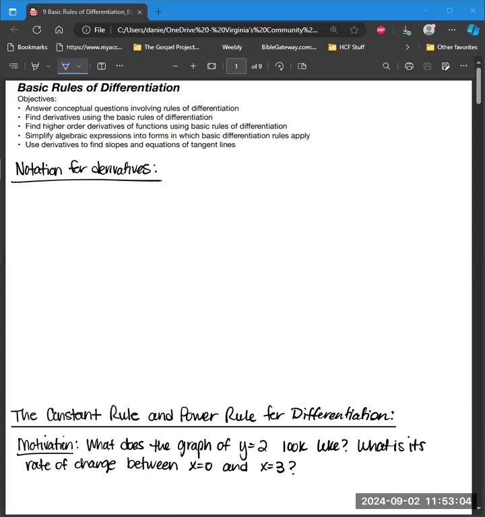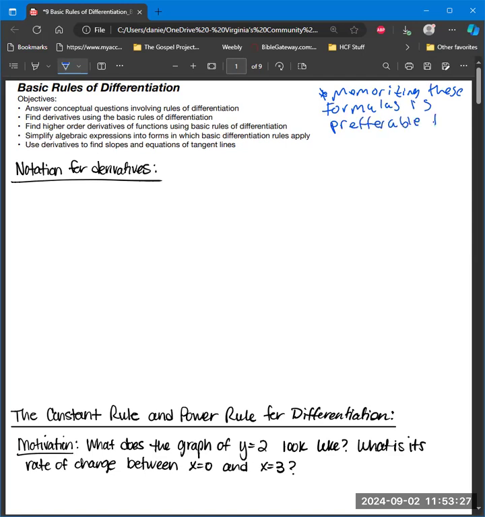Specifically, we're going to need to use the point slope form there most of the time. And just a note here, memorizing these rules or these formulas is preferable to using the limit definition every time, right?